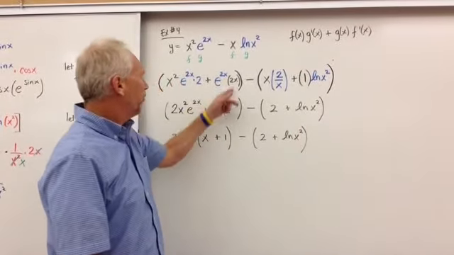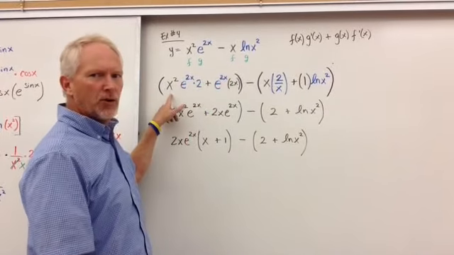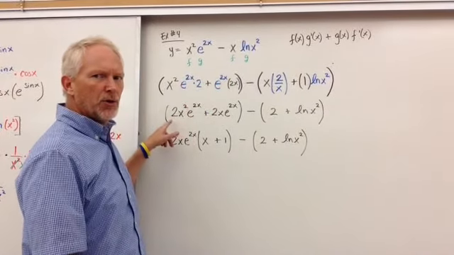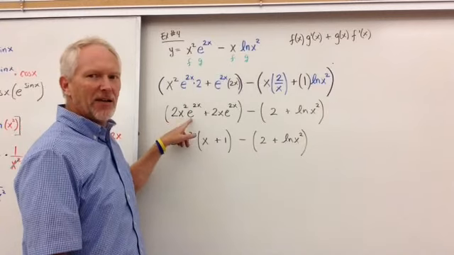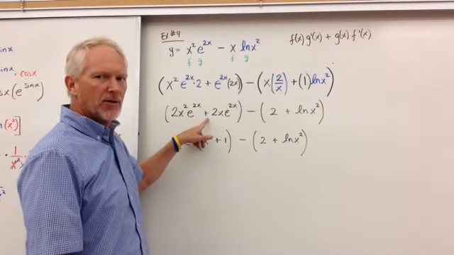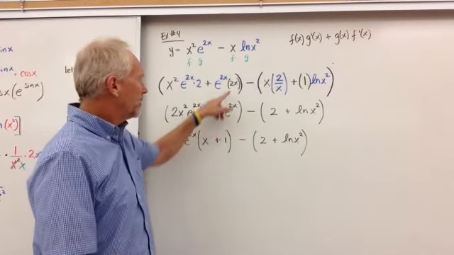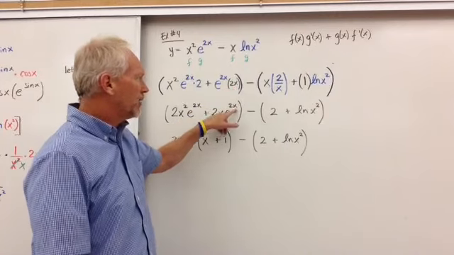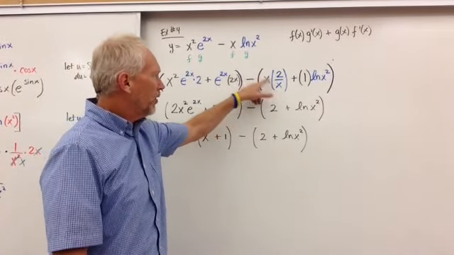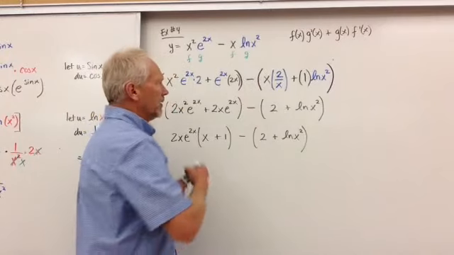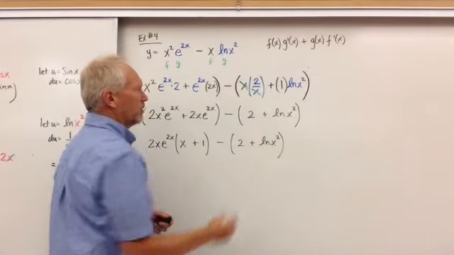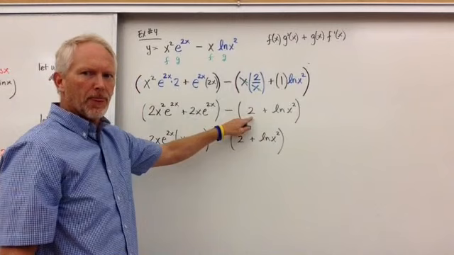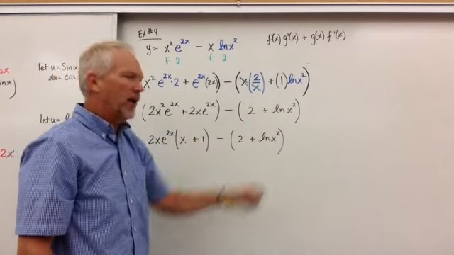Now, we can simplify this and multiply this 2 and x squared. We get 2x squared e to the 2x plus 2x, there's the 2x, times e to the 2x minus, well, these x's are going to go away. That x and that x will simplify to the 2 plus ln x squared.